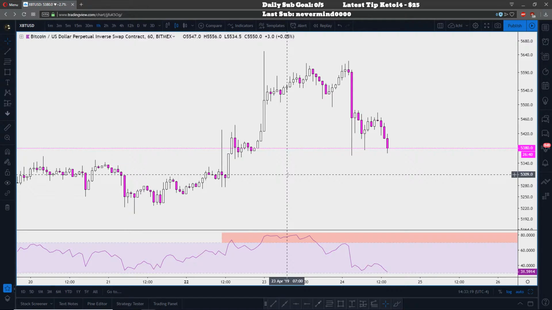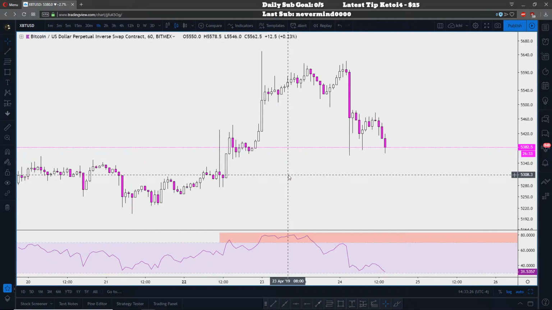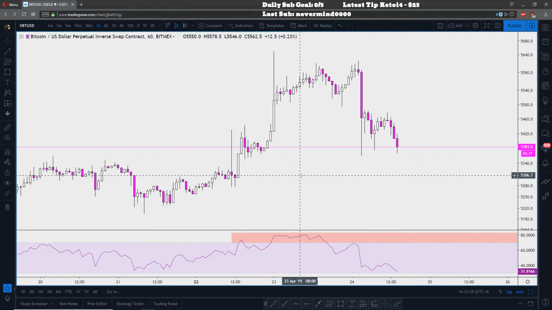Think about, what does it mean to be overbought? What does it mean to be oversold? If something is overbought, it means that it's getting bought up a lot. It means it's being bought up rapidly. It means it's in a strong uptrend. If something is in a strong uptrend, why are you going to try to catch the top every chance you get? You're trading against the trend.